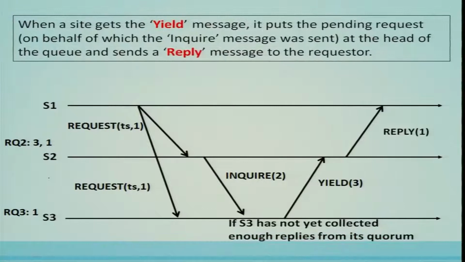When a site gets a yield message, it puts the pending request, on behalf of which the inquire message was sent, at the head of the queue and sends the reply message to the requester. So after getting all the replies, site S1 will enter into the critical section.